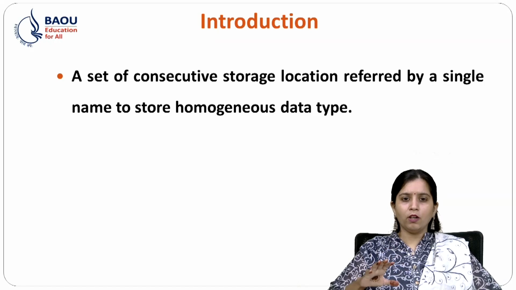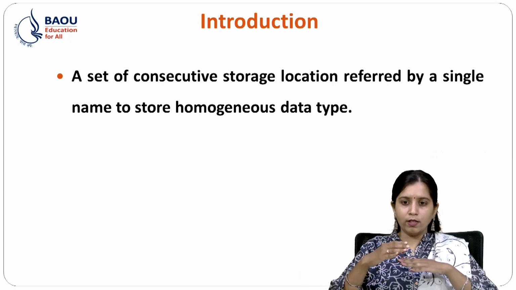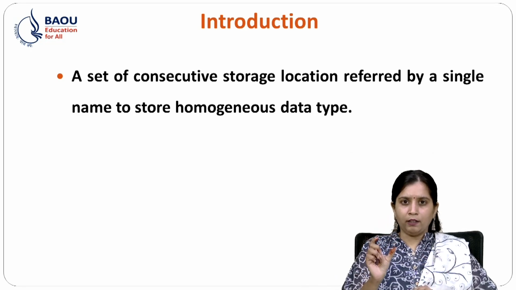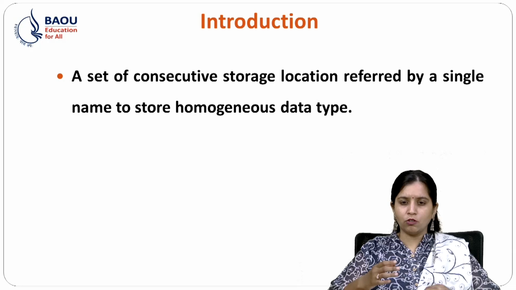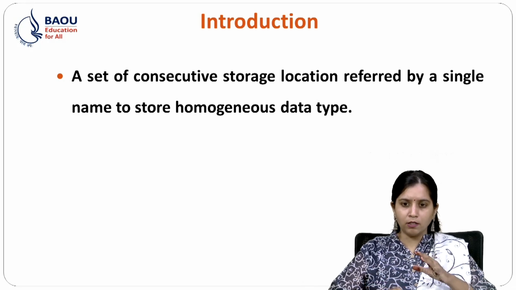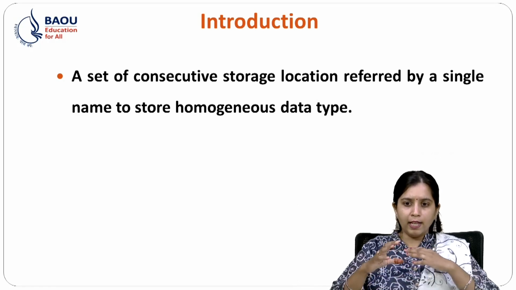A consecutive storage location referred to by a single name to store homogeneous data type. In simple terms, an array is a fixed-size sequenced collection of elements of the same data type. It is simply a grouping of like-type data. In its simplest form, an array can be used to represent a list of numbers or a list of names.